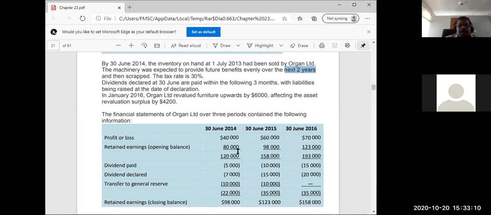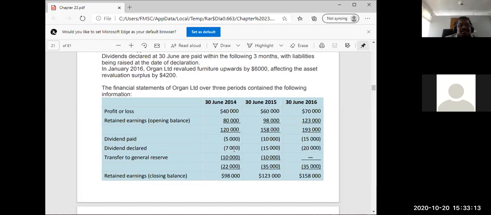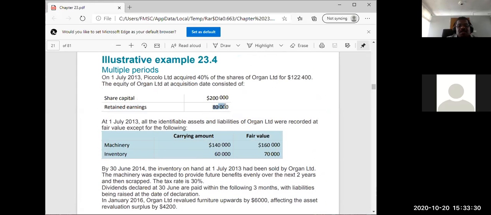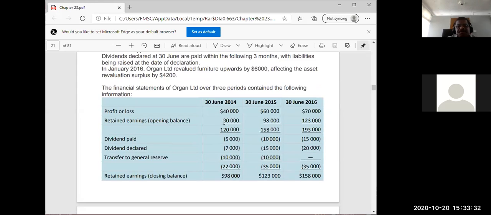So with this, look at this profit and loss. You get the profit here, profit here, profit here, and you have to remember these are the results for the period, profit and retained earnings. That is the opening retained earnings, which was here. This 80,000 is here, and this 98,000 is the closing retained earnings.